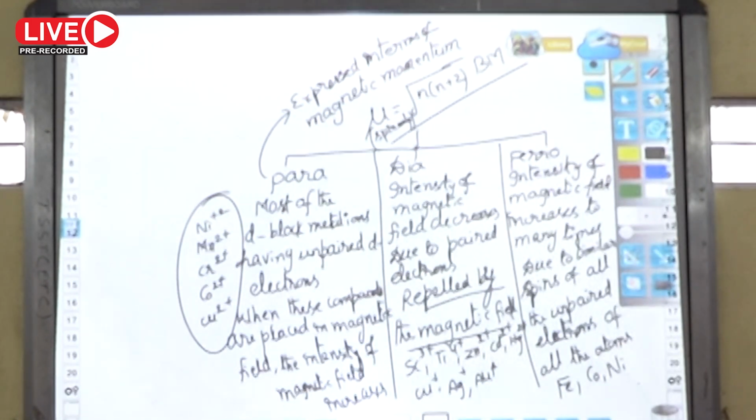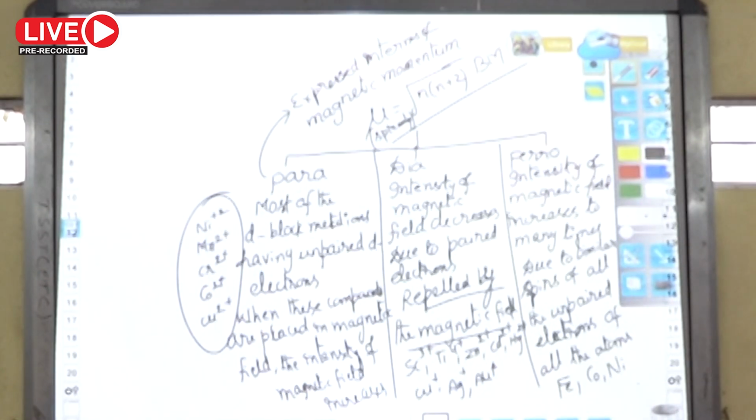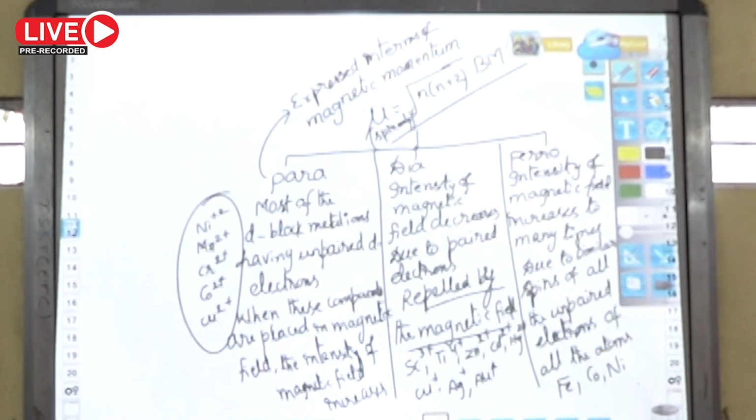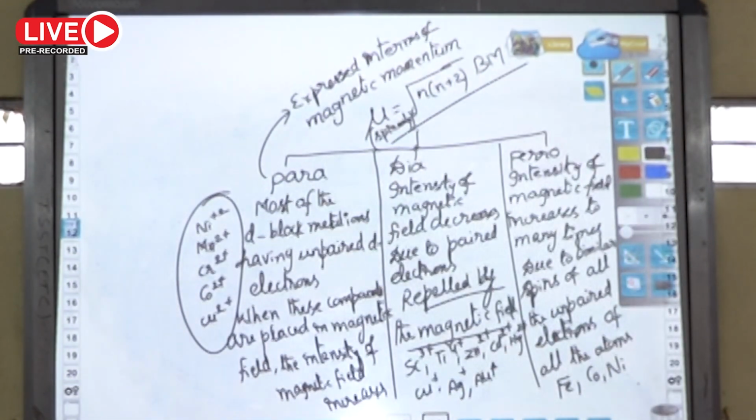In 4D, 5D and 6D series, the magnetic moment is not due to spin alone, but also due to orbital motion of the electron.